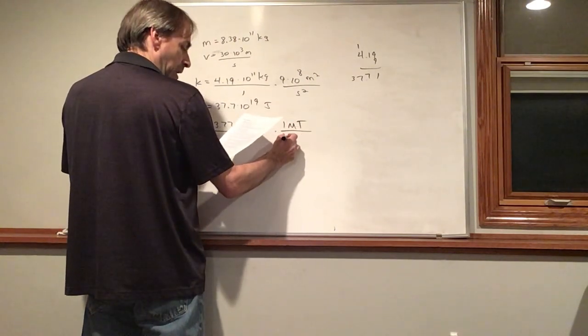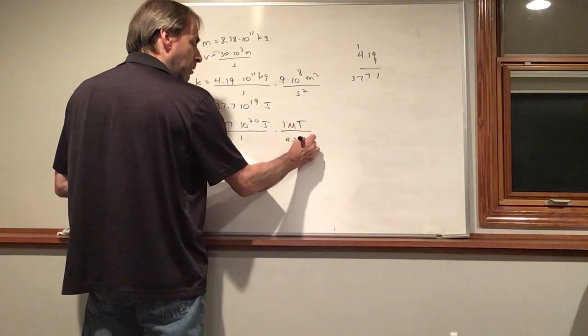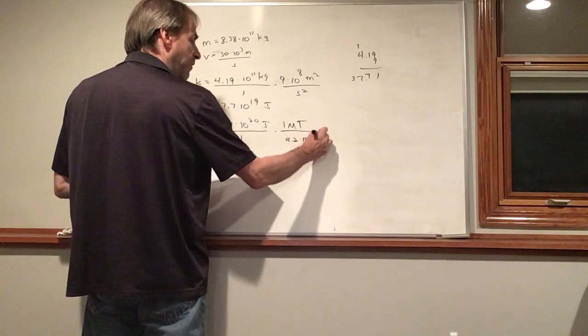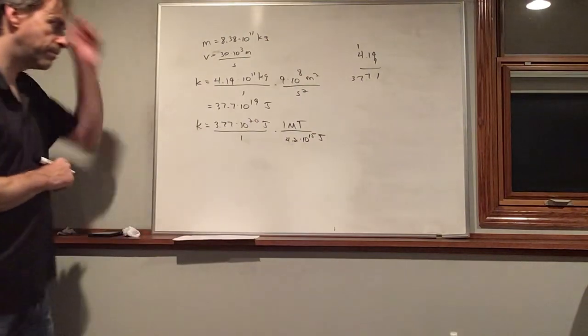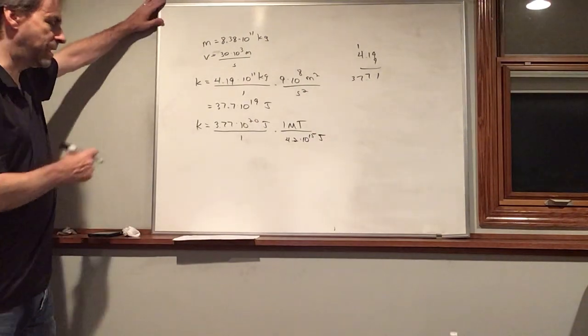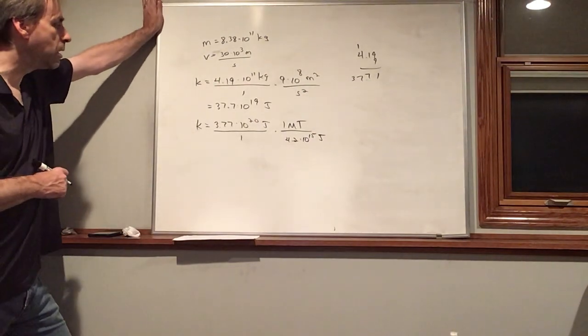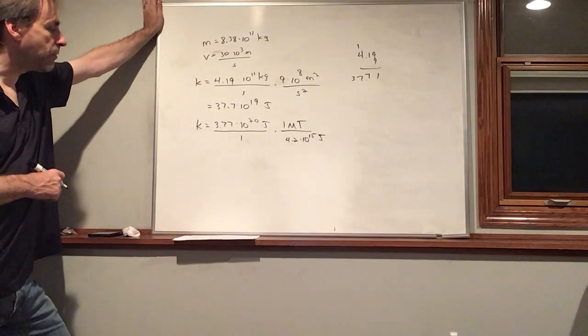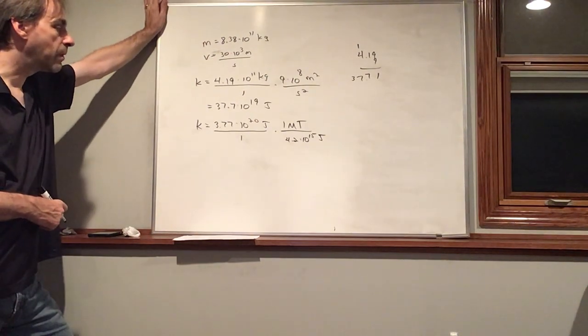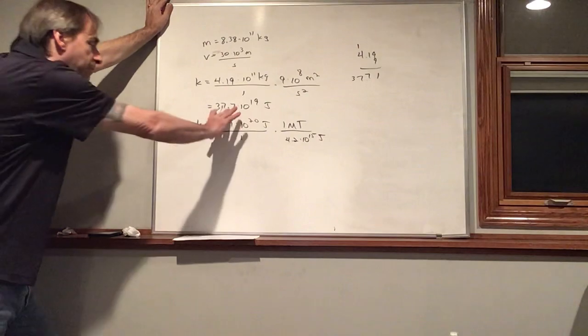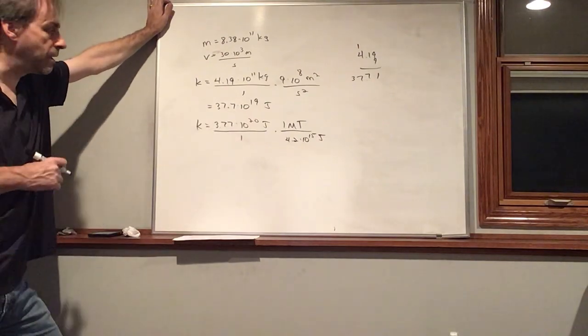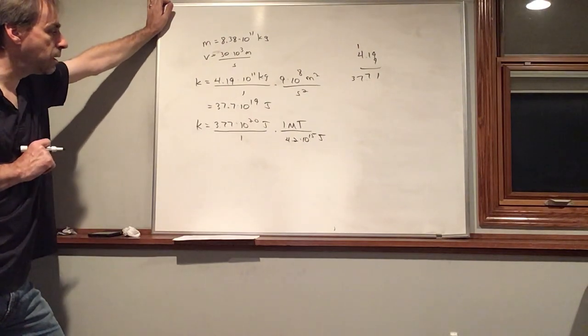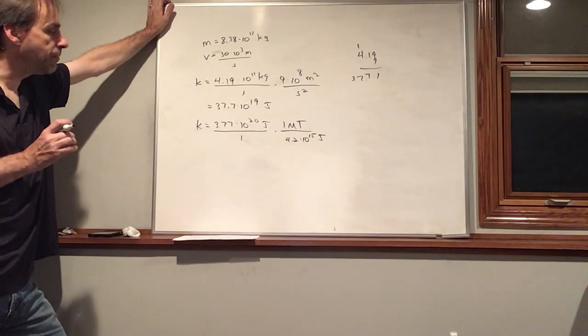That'd be divided by 4.2 times 10 to the 15th power joules. So this is going to give us a very large number. It started as a very large number. It's still going to be pretty big, but smaller in this unit.